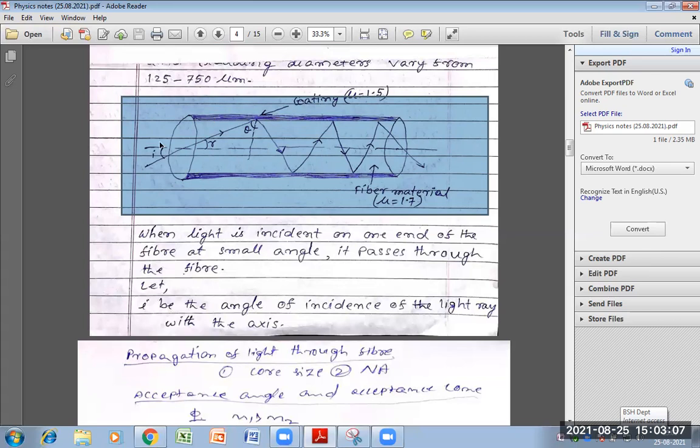So this incident ray is incident at the center of this part, and after entering into the internal part of the optical fiber, it is refracted and interacts with the core cladding surface.